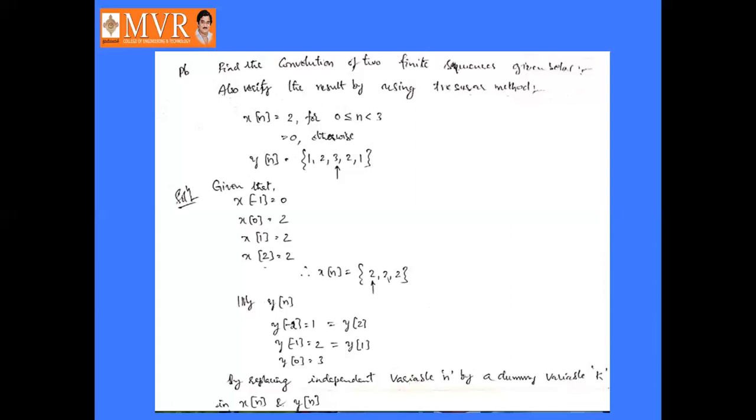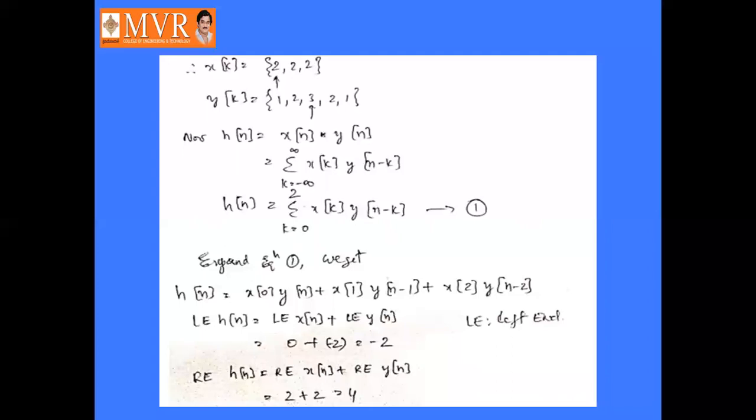By replacing the independent variable n by dummy variable k in x(n) and y(n), it will become x(k) equal to 2, 2, 2 and y(k) is 1, 2, 3, 2, 1.